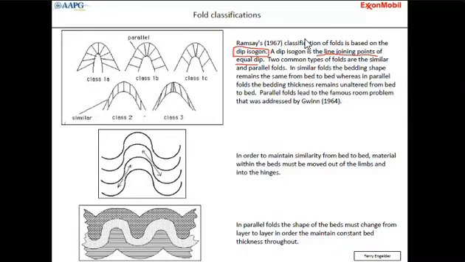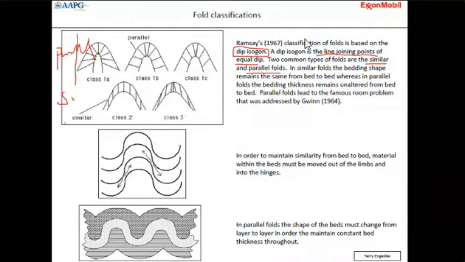Classes 1A, 1B, 1C are called parallel folds, and I'll show you why. Class 2 and class 3 are called similar folds. And the question is, why are they called parallel and similar folds?